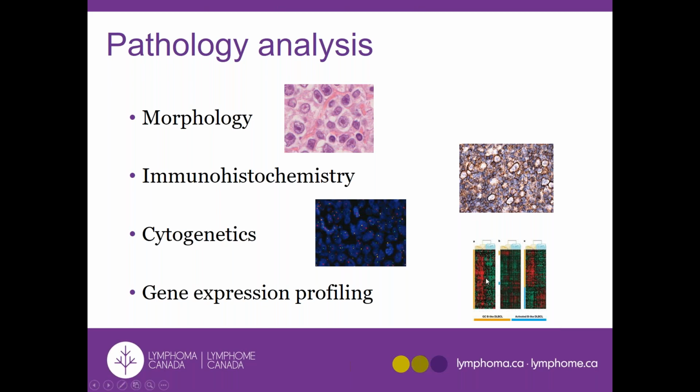And then something called gene expression profiling, which is looking at many genes in a cancer that may have changed from normal tissue to cancer, and again, different subtypes of a lymphoma might have different gene signatures, and that could have implications for prognosis and also for what treatments might work for this lymphoma.